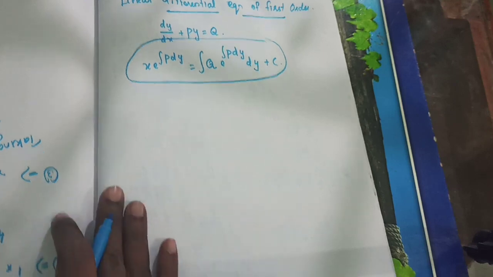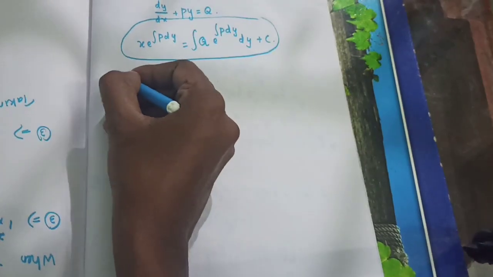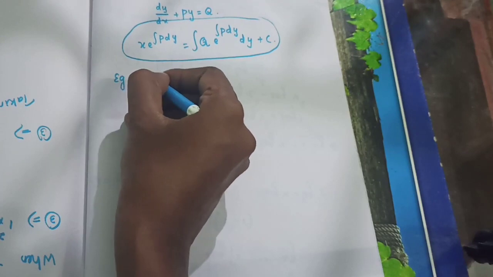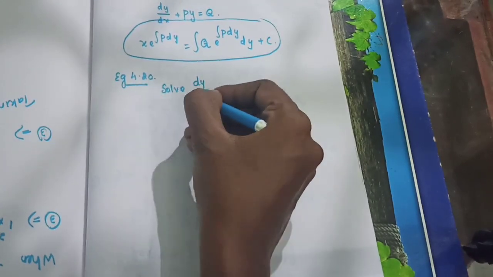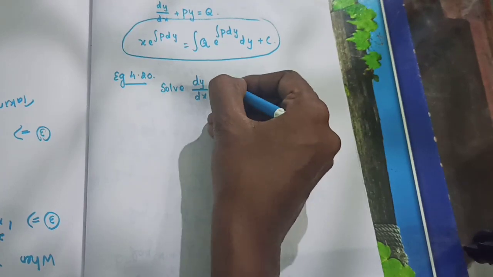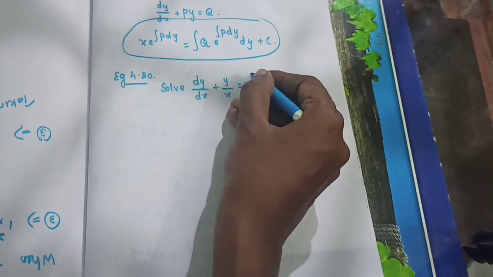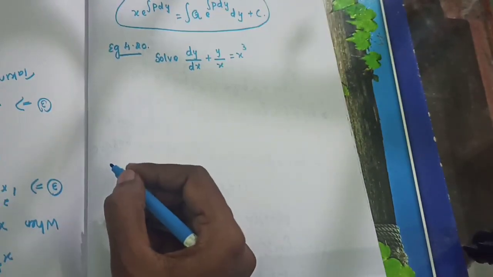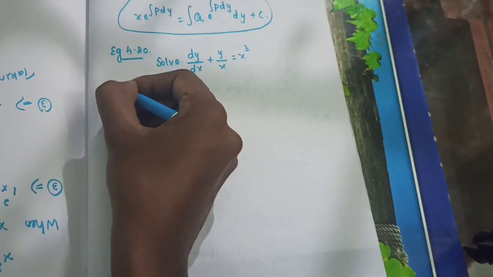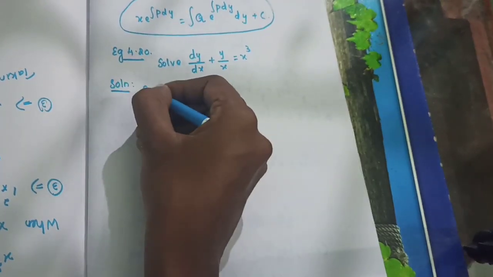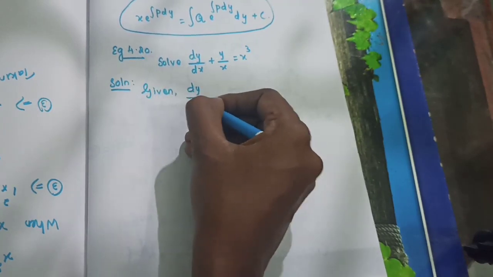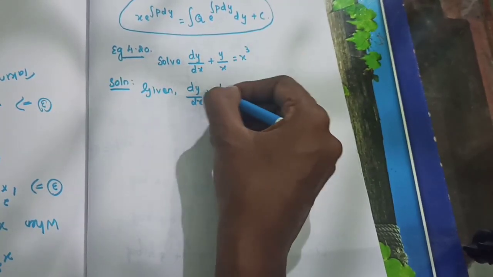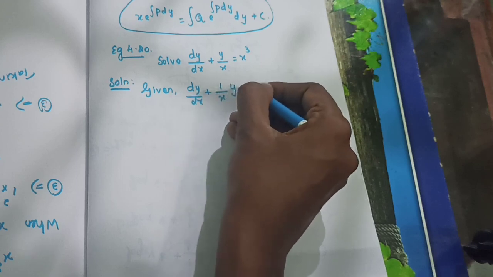So only one problem we will do today. Example 4.20. Solve dy by dx plus y by x equals x cube. Solution: given dy by dx plus 1 by x into y equals x cube.